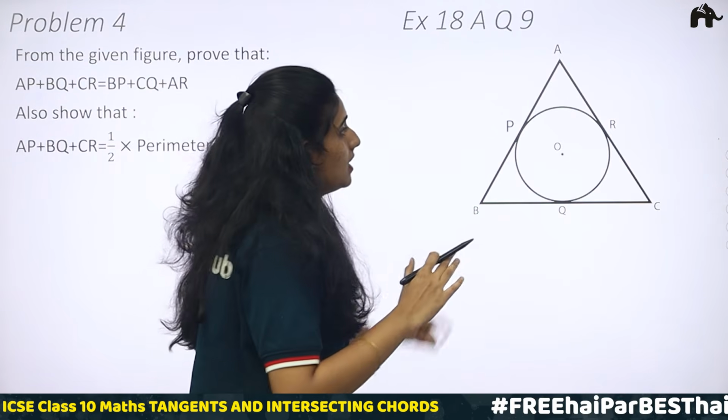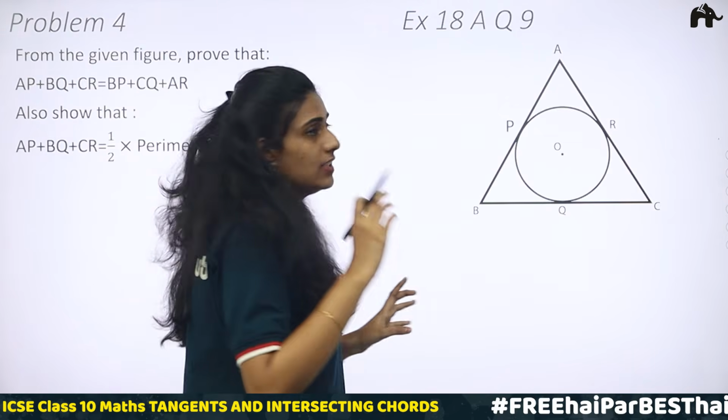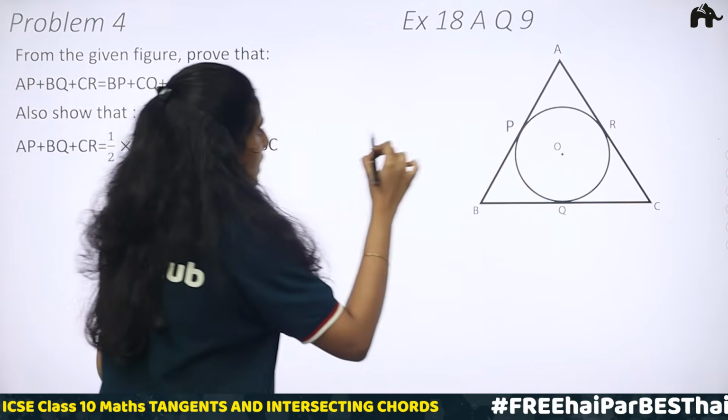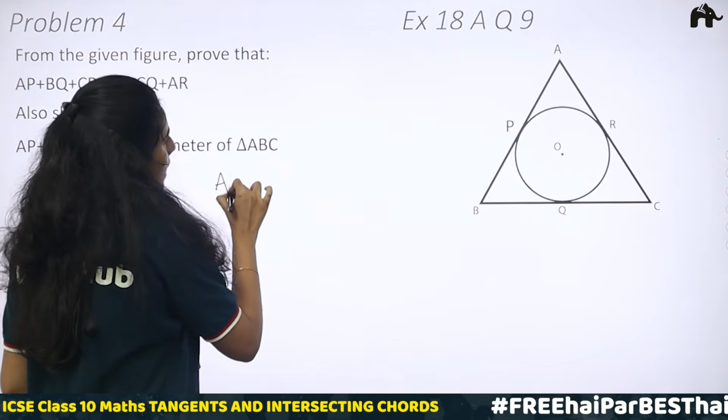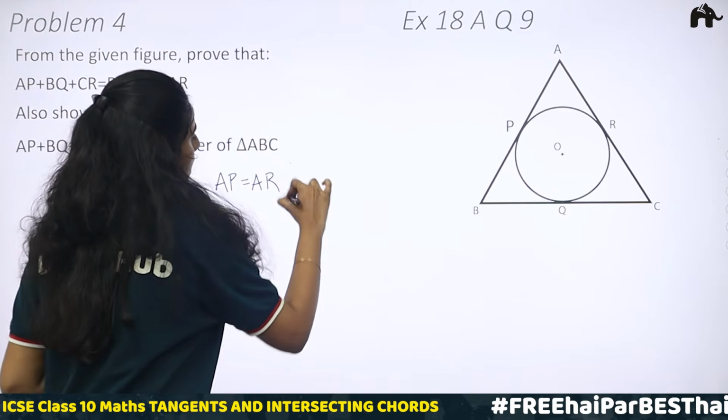Now, we know that the tangents to a circle from an exterior point will be having the same measure. Yes, therefore, we can write AP is equal to AR. What is the reason?